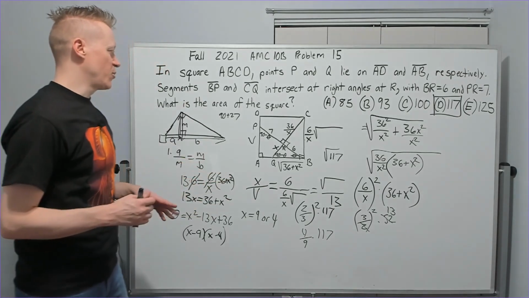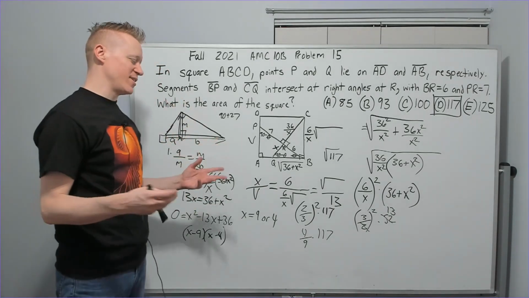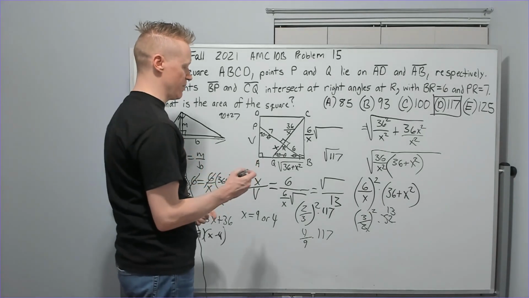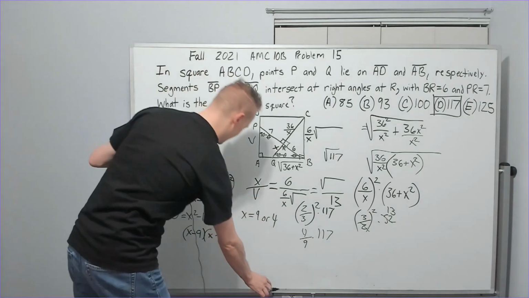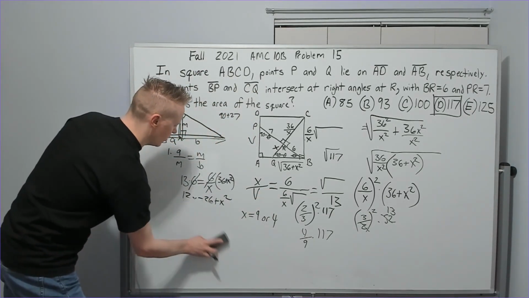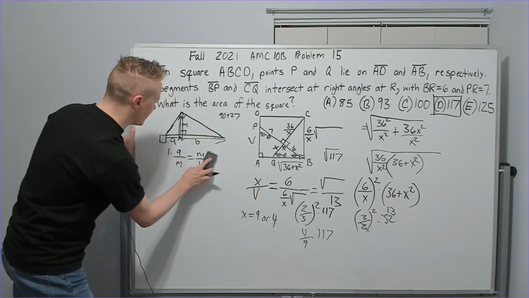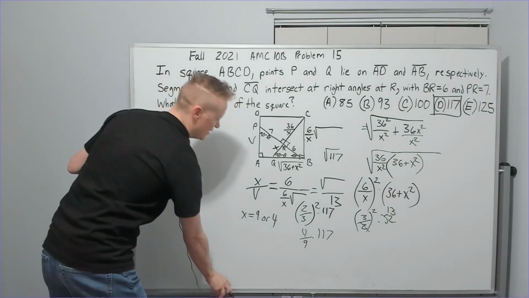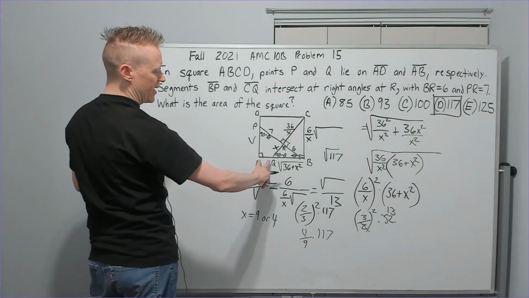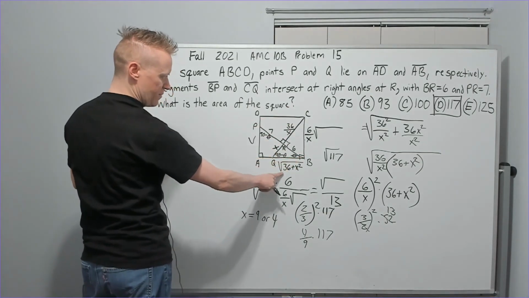Okay, I just remembered why it doesn't work. It's hard to remember every single step in the problem because I'm not looking at my notes as I go. If you were to find this value right here, let me go back and do that real quick, the AQ part. If you were to find AQ, you just might be curious why it doesn't work. AQ would equal this side minus this.